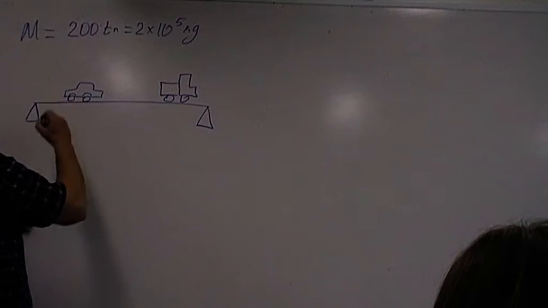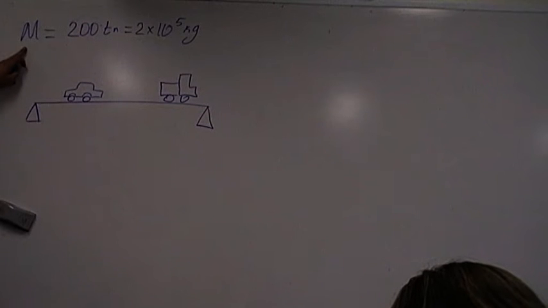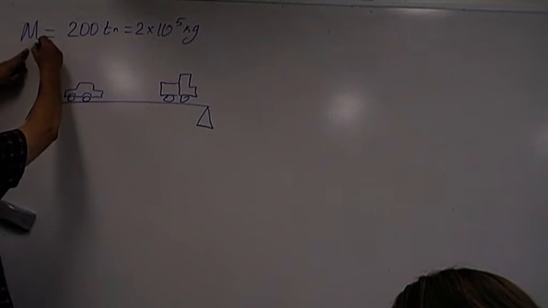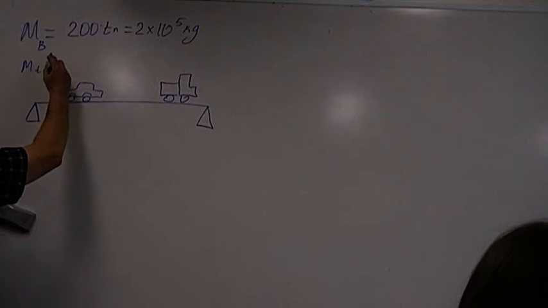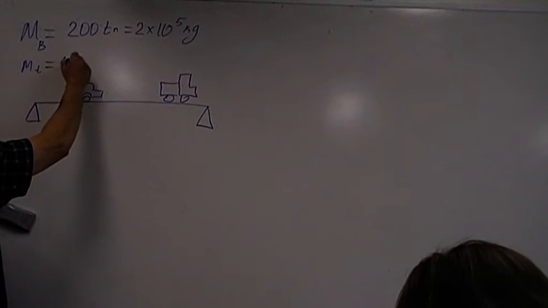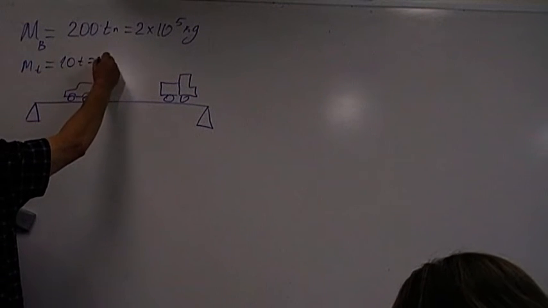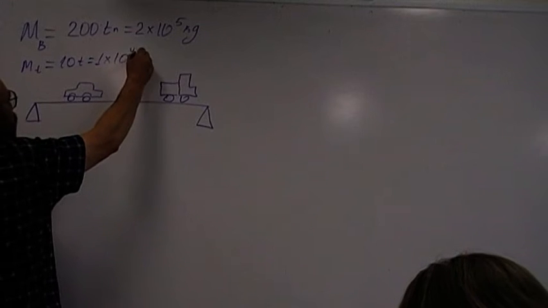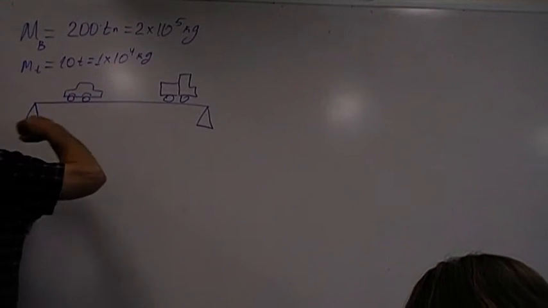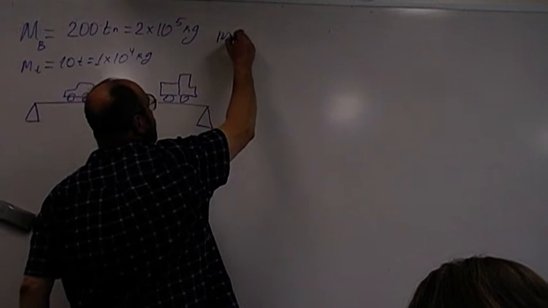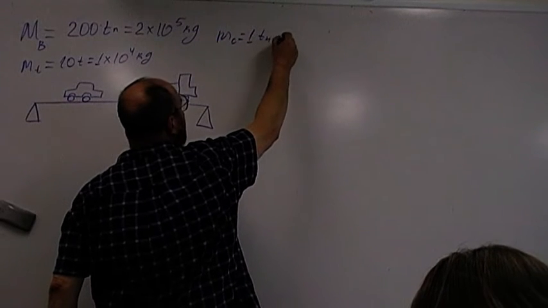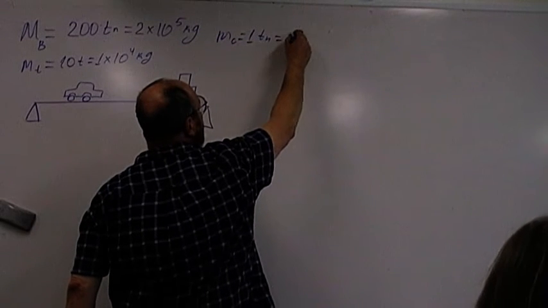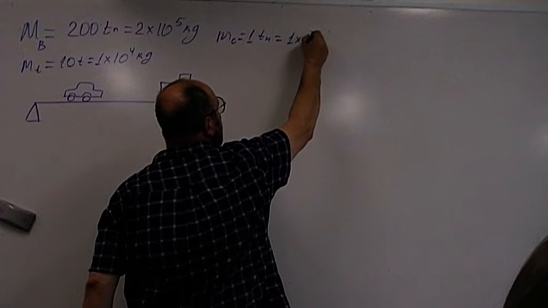The mass of the bridge is that. The mass of the truck will be, let's say, 10 tons, so equals 1 times 10 to the power of 4 kilograms. And the mass of the car will be 1 ton, so equal to 1 times 10 to the power of 3 kilograms.